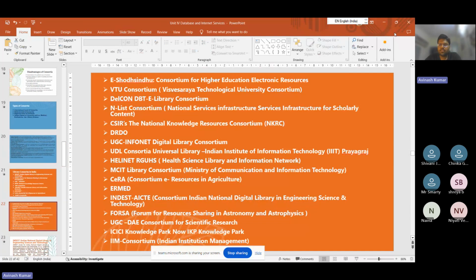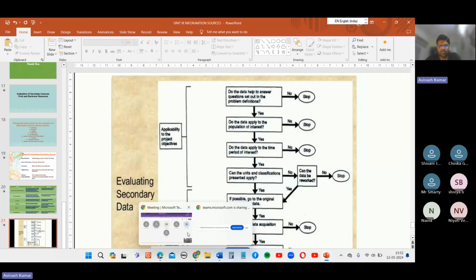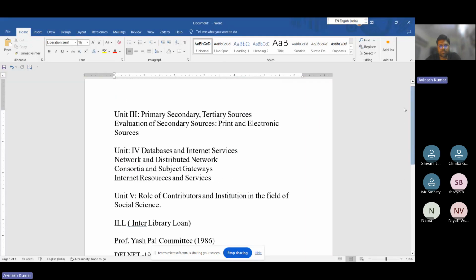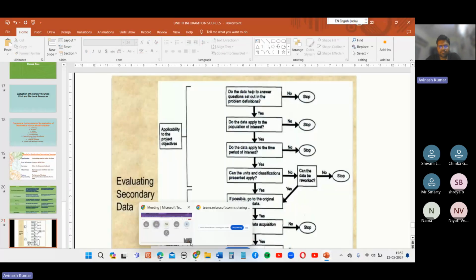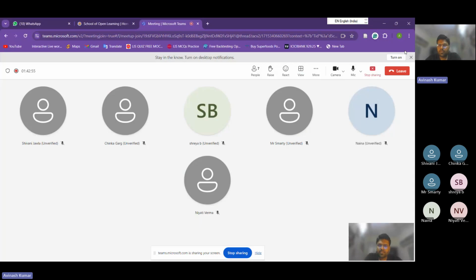The last is the very important role of contribution of institutions in the field of social science. We have completed unit 3 and unit 4. The last one is unit 5, role of contributors, and I will not take too much time, only about 15 minutes.